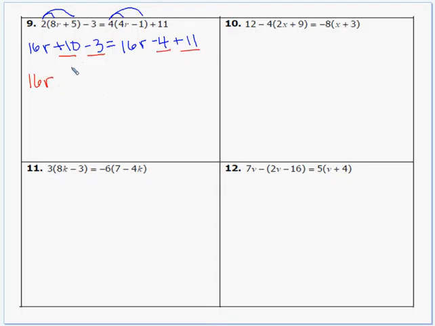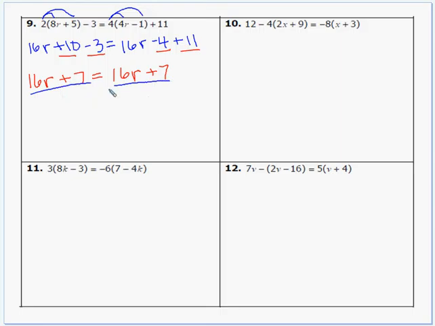So 16r, 10 minus 3 leaves me with positive 7, and this is equal to 16r, negative 4 plus 11 also gives me a positive 7. Notice we have that 16r plus 7 is equal to 16r plus 7.